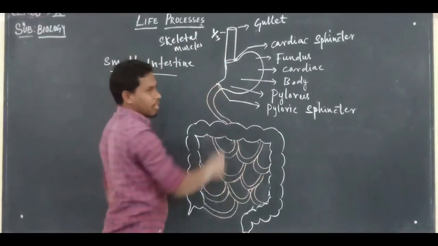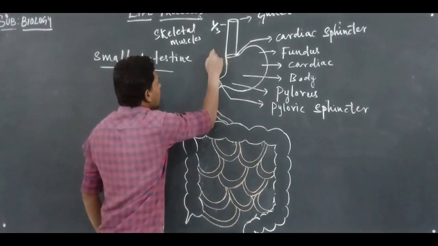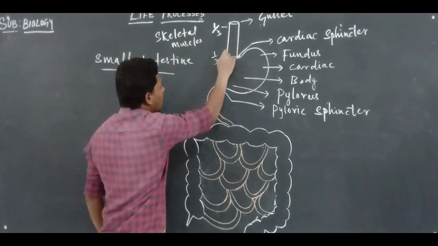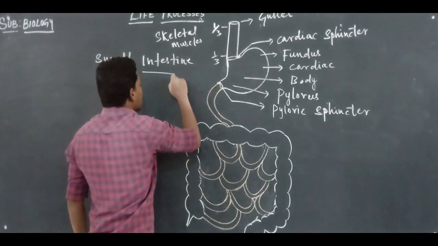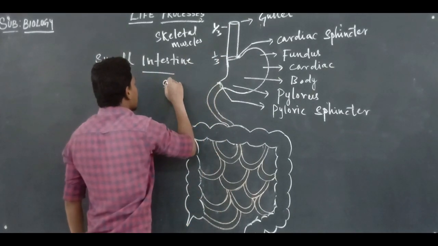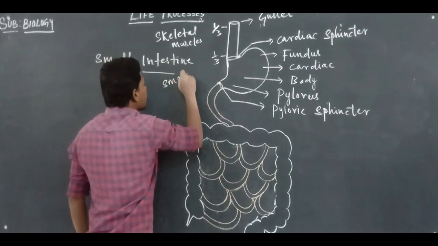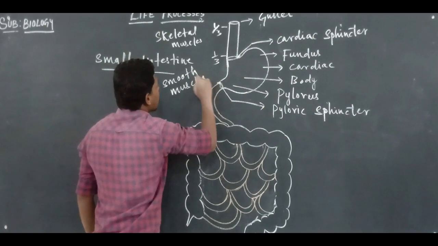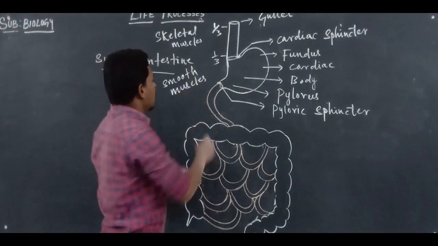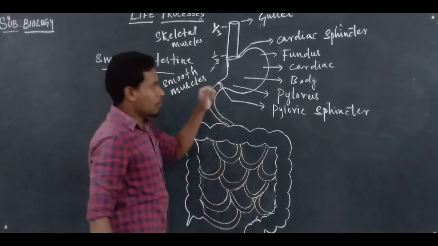The lower one third is made up of smooth muscles.